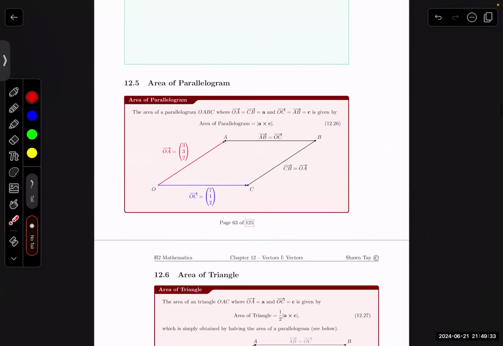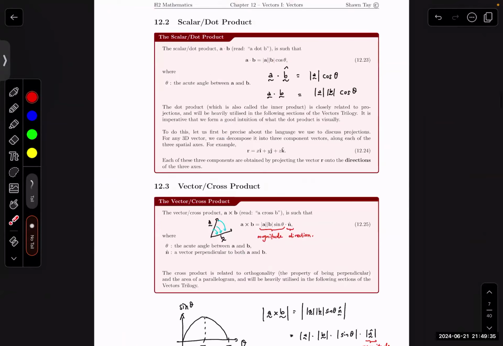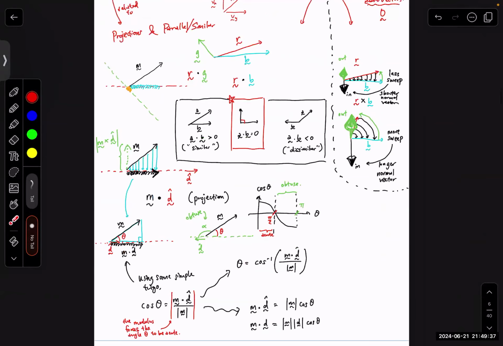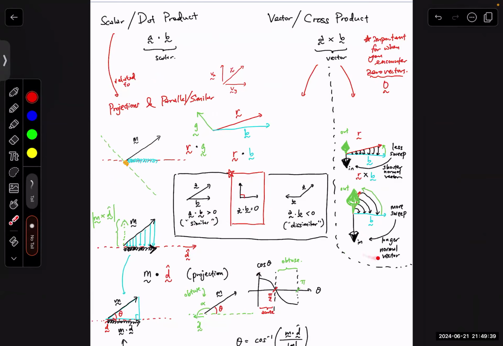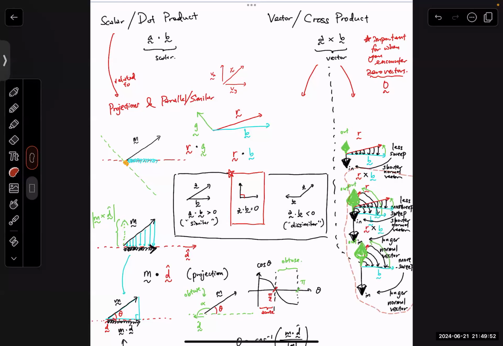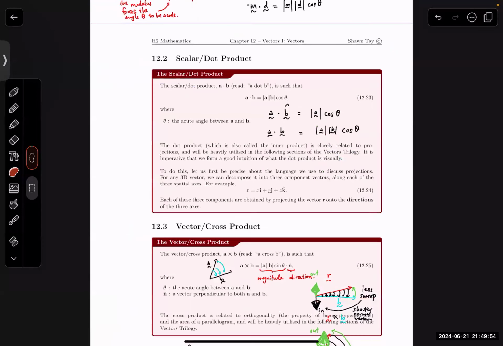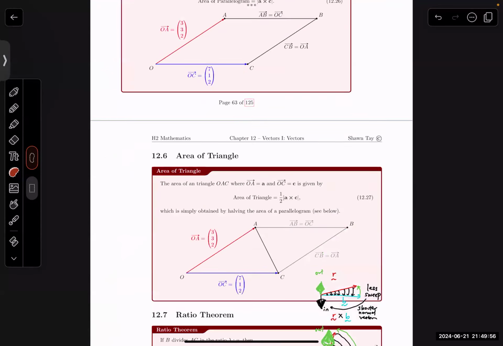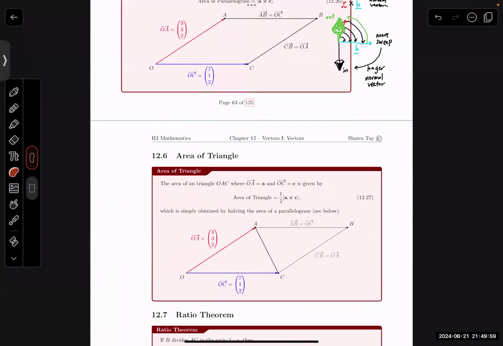If I scroll back up to recall this picture over here, let me just bring this over to those pages there. I'll put it here.